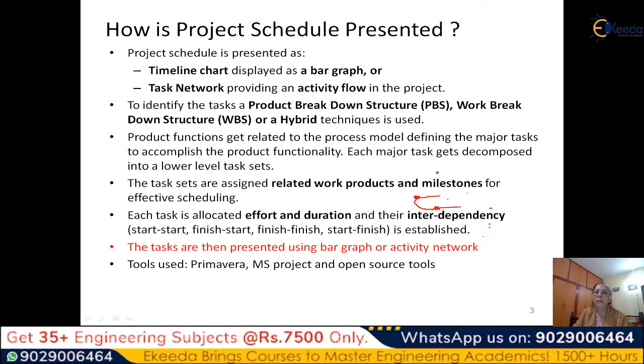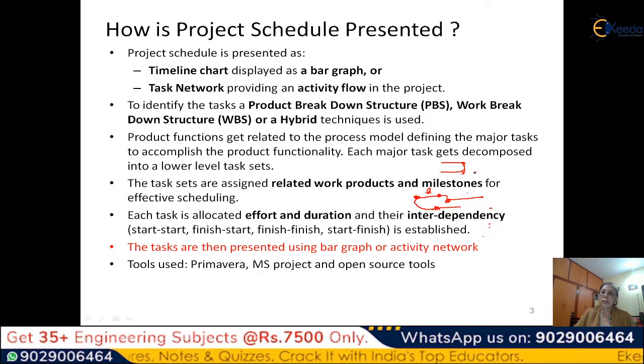Finish to start means only when A finishes, then some other task can start. So you will have a relation between these two. This is the node, this is the node. And finish to finish means they must finish together. These two must finish together on the same day.